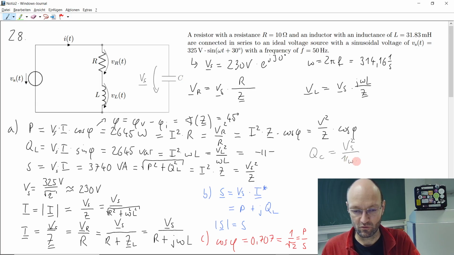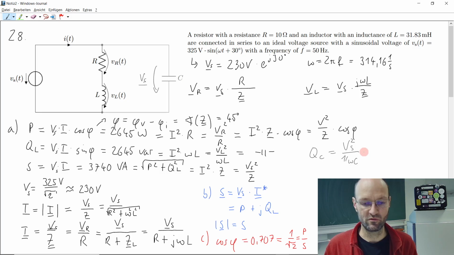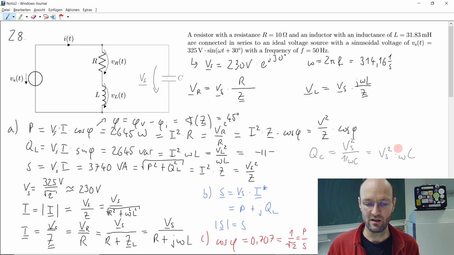And so then we have this double fraction, 1 over 1 over omega C, and this can of course be more nicely rewritten as omega times the source voltage squared multiplied with C. And so now this is a nice equation where we get the omega C, or we could maybe also write it like this, because this is what the task, I think, asks us to say.